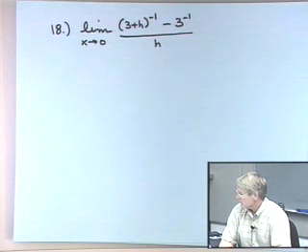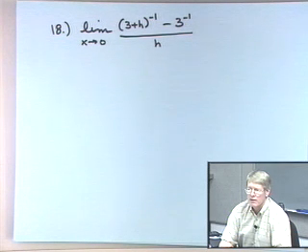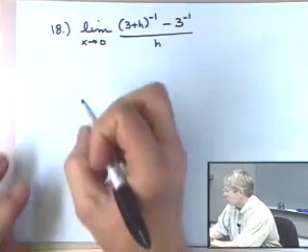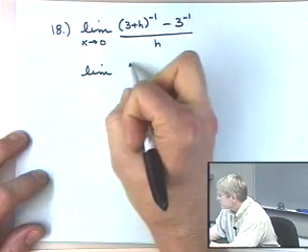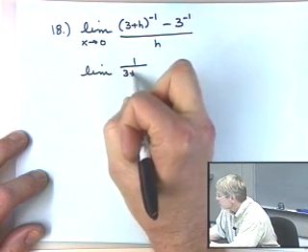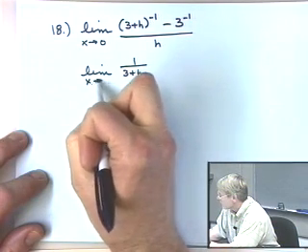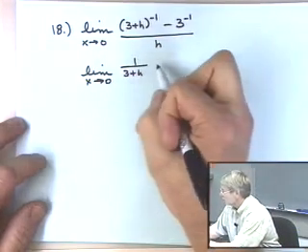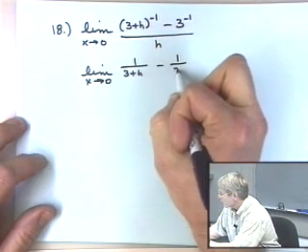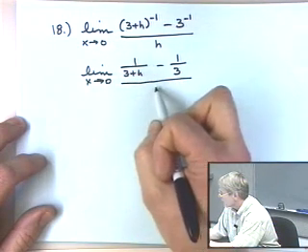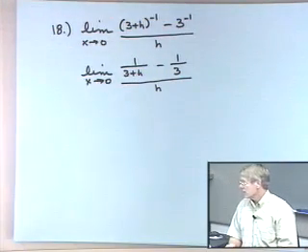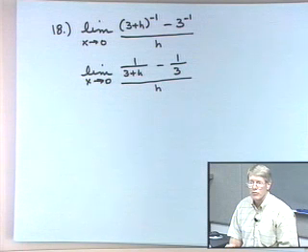3 plus h to the negative first. What is that? 1 over 3 plus h. Okay. 3 to the negative first is 1 over 3. Suggestions, recommendations. What do we need to do?